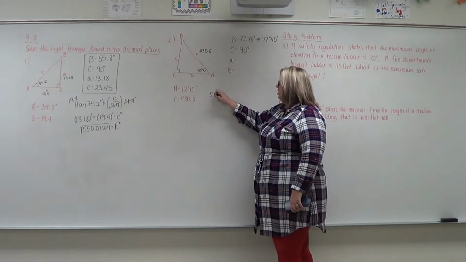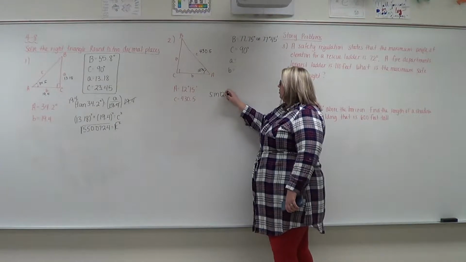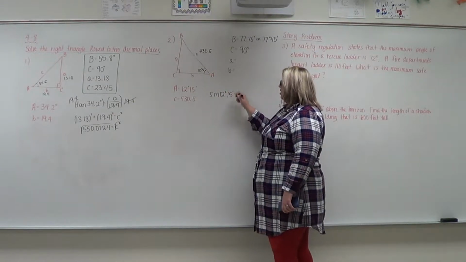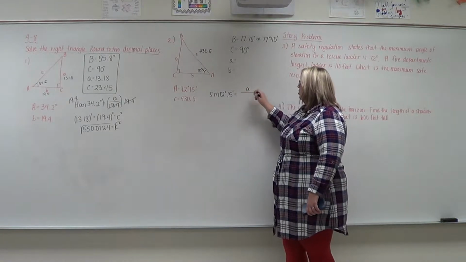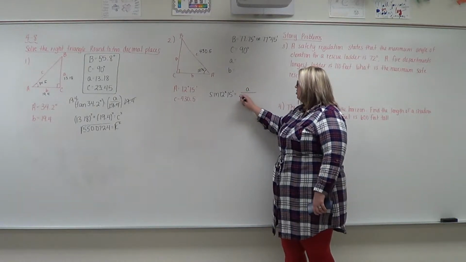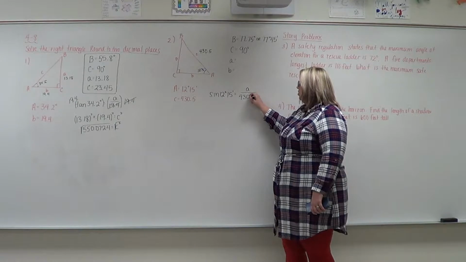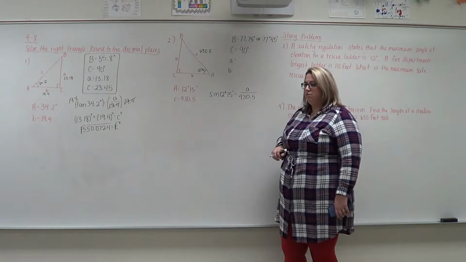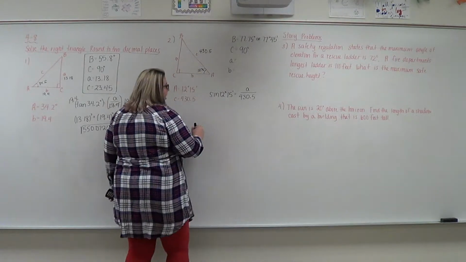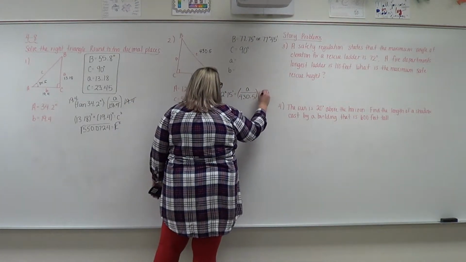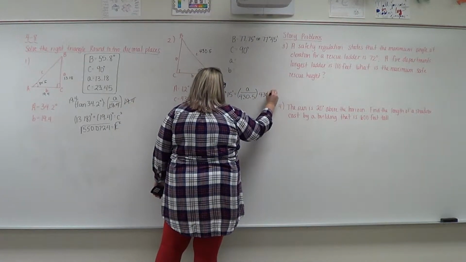So sine of 12 degrees 15 minutes equals opposite over hypotenuse, so A over 430.5. Then to solve for A, multiply both sides by 430.5.